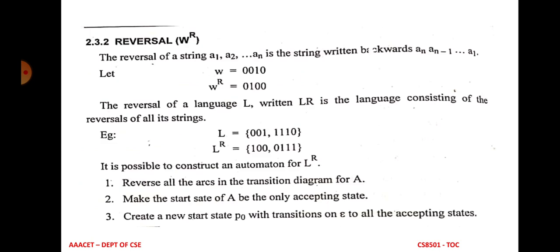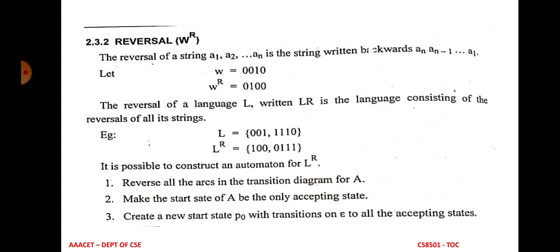So the next property is reversal. Consider W is a string; the reverse of the particular string is also regular. Consider the language capital L is equal to 001, 11110.